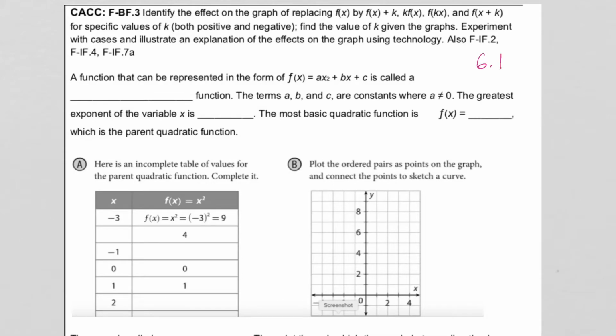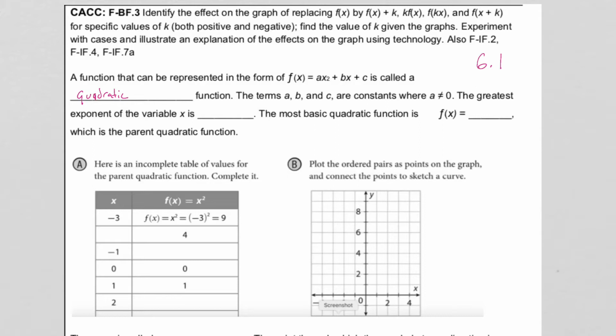So a function that can be represented in the form f(x) = ax² + bx + c is called a quadratic function. The terms a, b, and c are constants where a is not equal to 0.